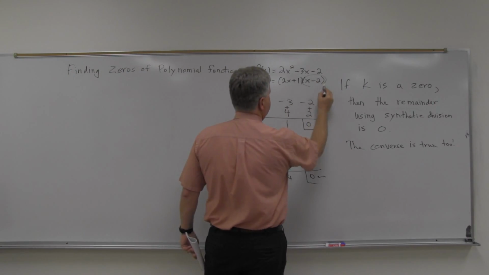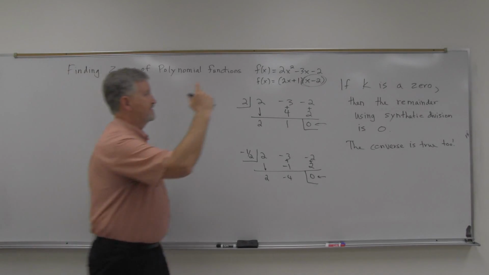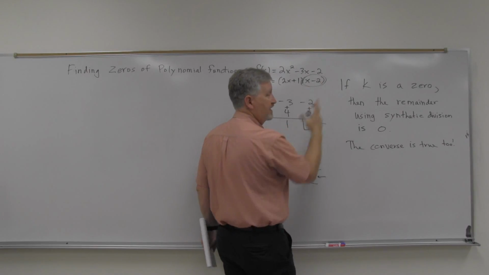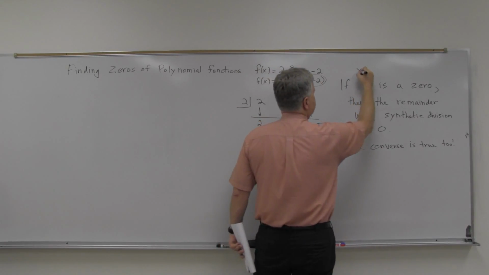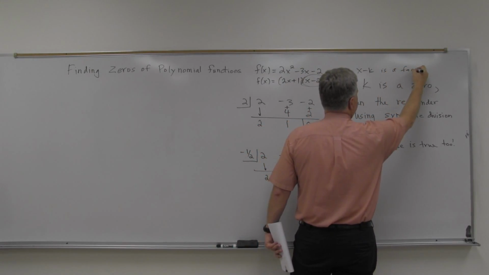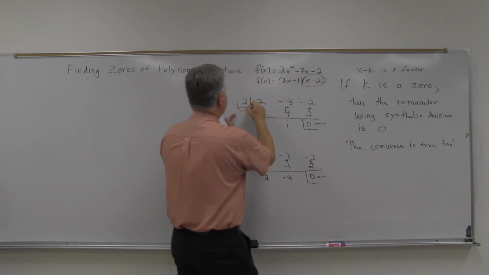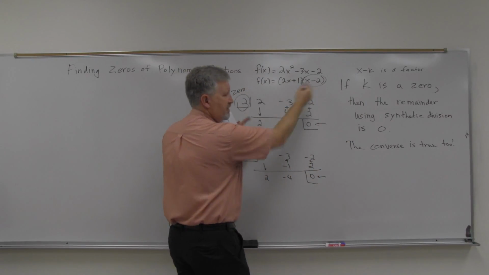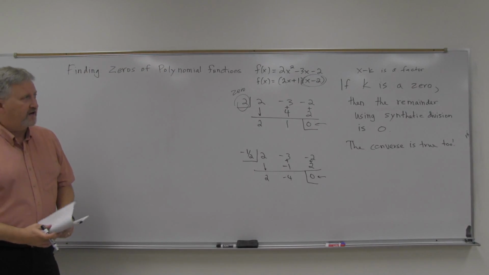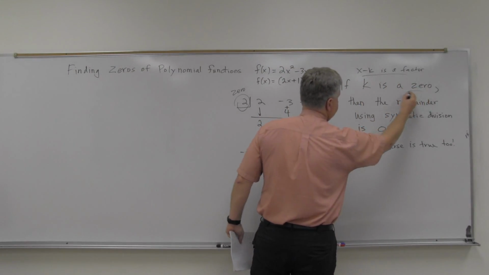Focusing on this one in particular, also note, and we mentioned this before, if k is a 0, x minus k is a factor. Because we had 2 was a 0, x minus 2 is a factor, and I just want to reiterate that the two go hand in hand as well.